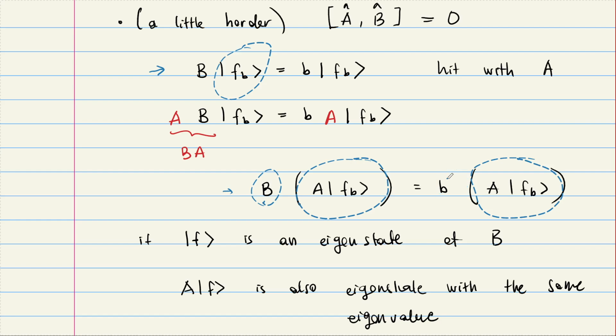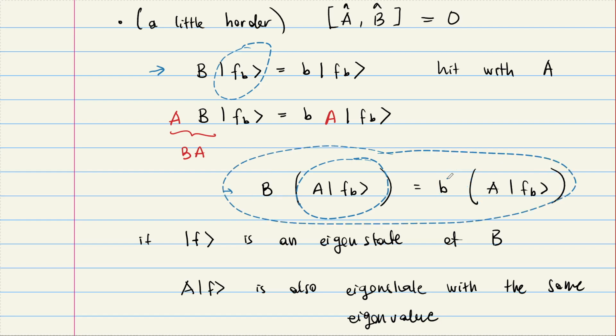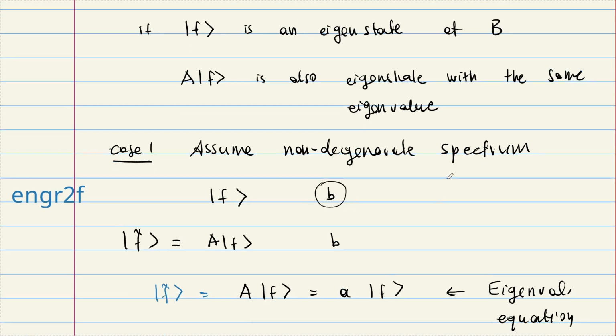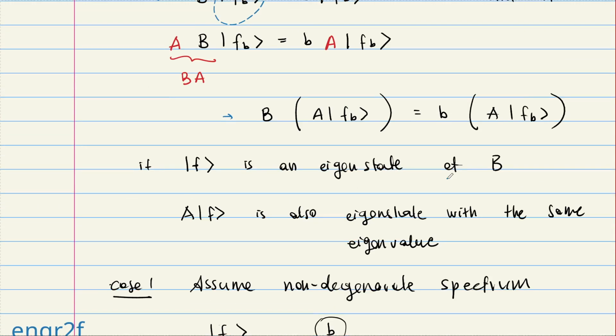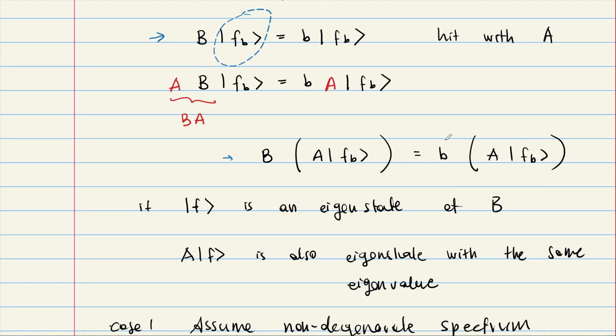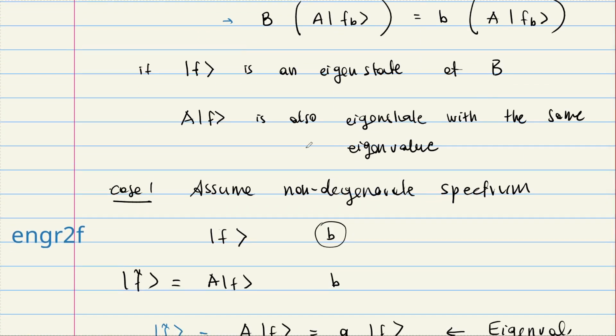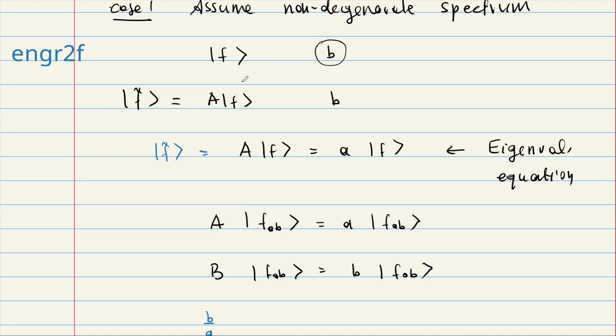But here is the critical point. If there is no degeneracy, that means b can come out only if you are hitting on the same state. And that's what we said here. So if F tilde is equal to A times F, and because of no degeneracy, it should be proportional to F. And that proportionality is another number.